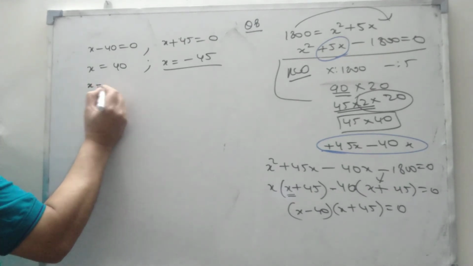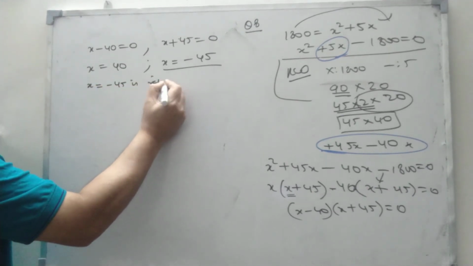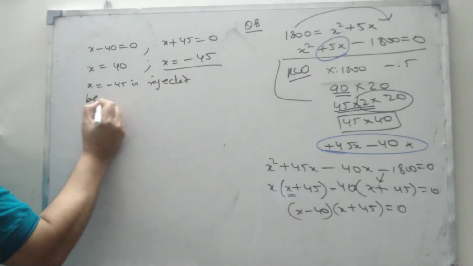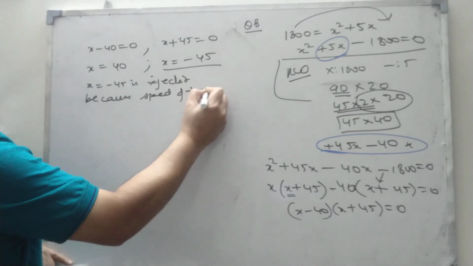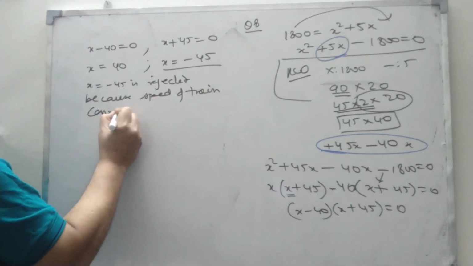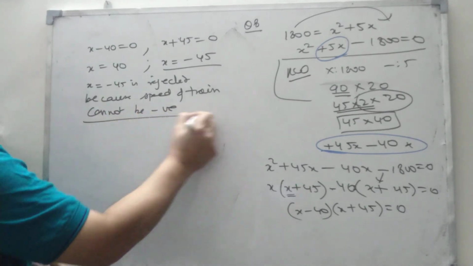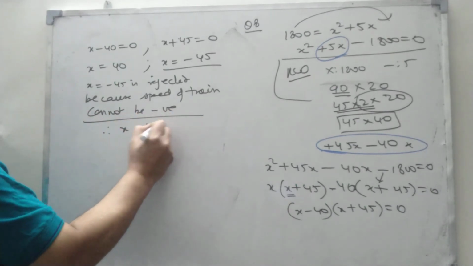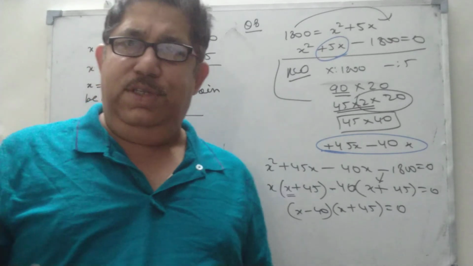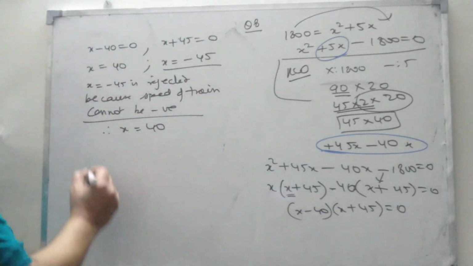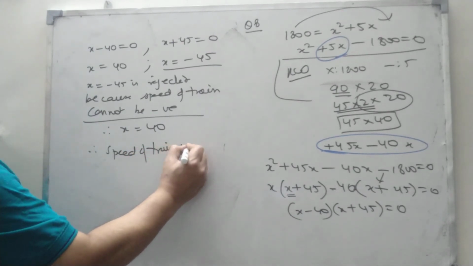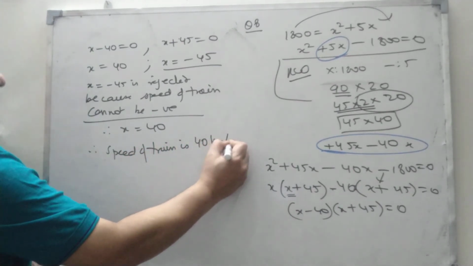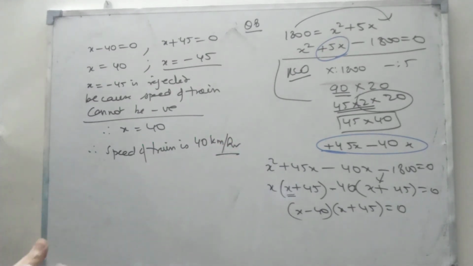So x equal to minus 45 is rejected because speed of a train cannot be negative. Therefore x is equal to 40. And what was x? x was the usual speed of the train. So therefore the speed of the train is 40 kilometers per hour. Okay, so this brings us to the end of this particular question.